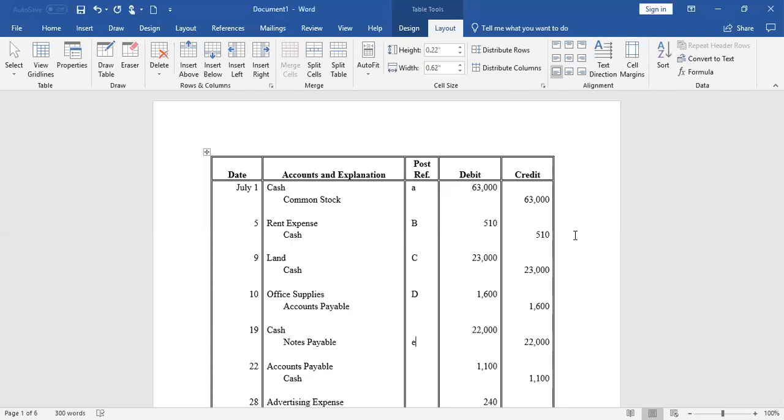They increased their cash because they borrowed money. So as soon as they borrow that $22,000 from the bank, which is a loan, we would increase the liability notes payable. Remember, notes payable is where we keep track of amounts we owe on loans. It's a liability. We increase it to show we owe more on the credit side.